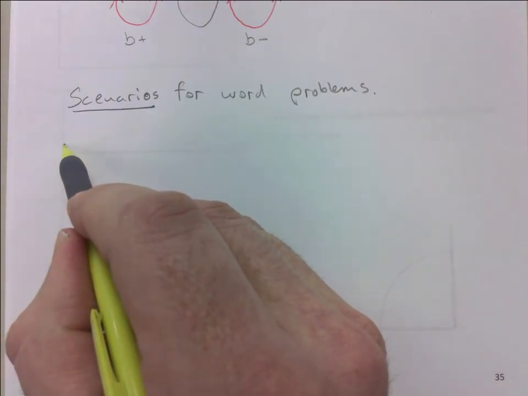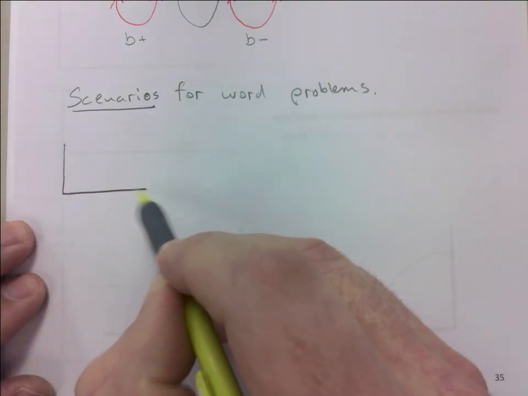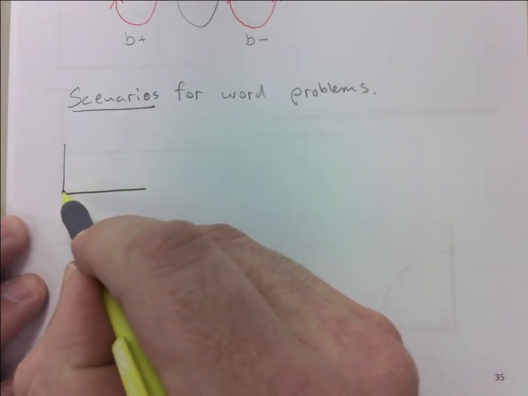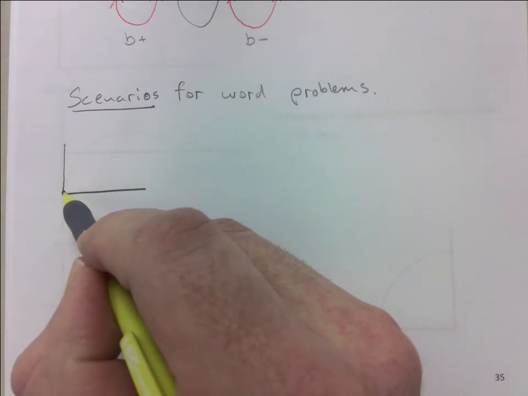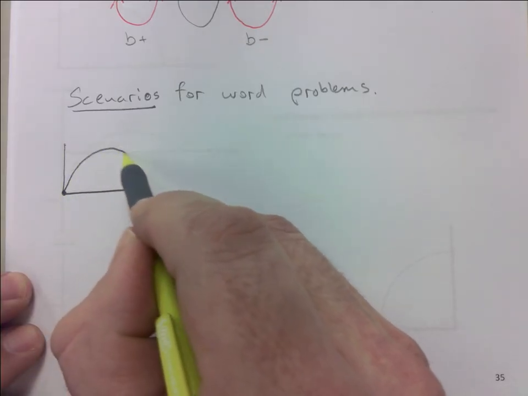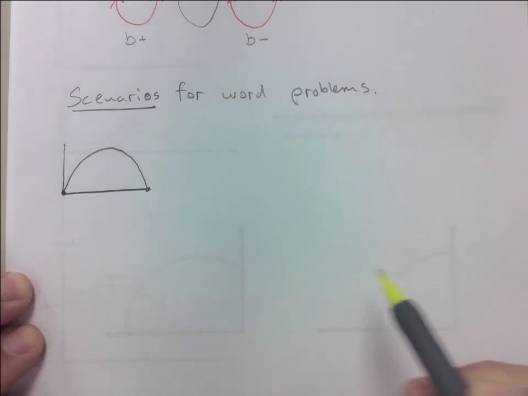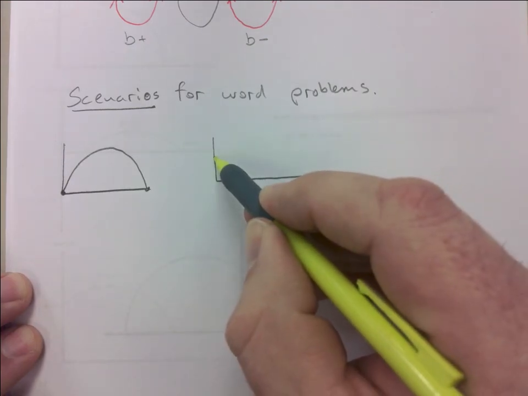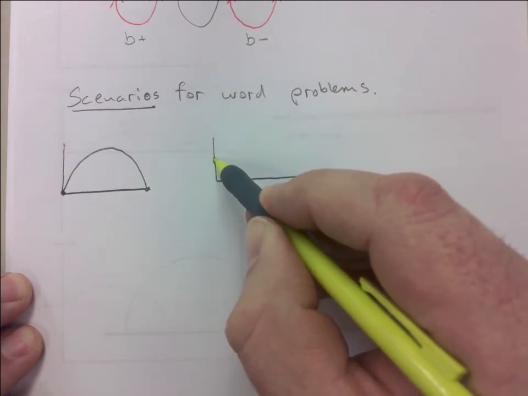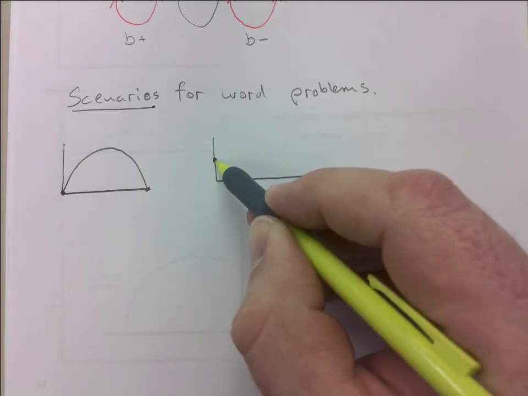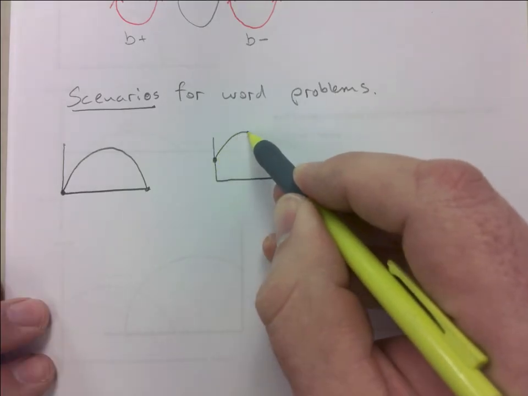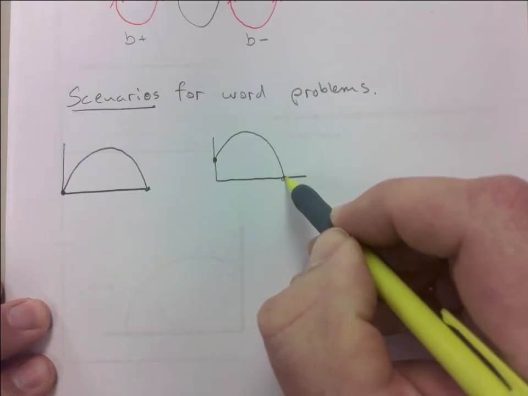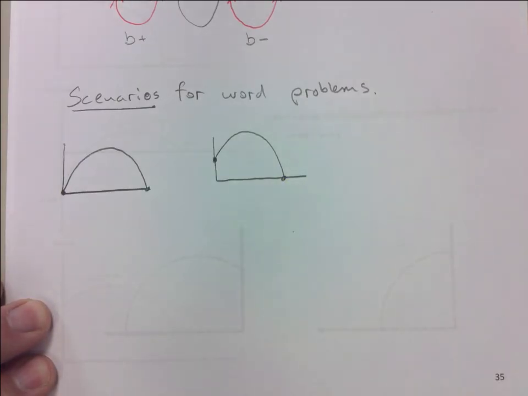I'm not saying there aren't more, but you may have a scenario where a ball is kicked from the ground or something is starting from the ground, it goes up and then it hits the ground. Boom. Okay? You might have a scenario where you're higher up, off the ground, and then you throw something up and it hits the ground. That's another scenario.